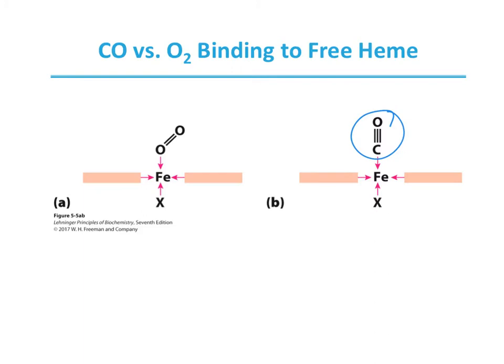So this explains why, if you were just looking at free heme, carbon monoxide would have a binding affinity 20,000 times more than oxygen. But when we're talking about heme that's part of myoglobin, the affinity for CO is 250 times stronger than oxygen, which is significantly less than that 20,000 times. And this is important for our physiology since we do not want to bind carbon monoxide.